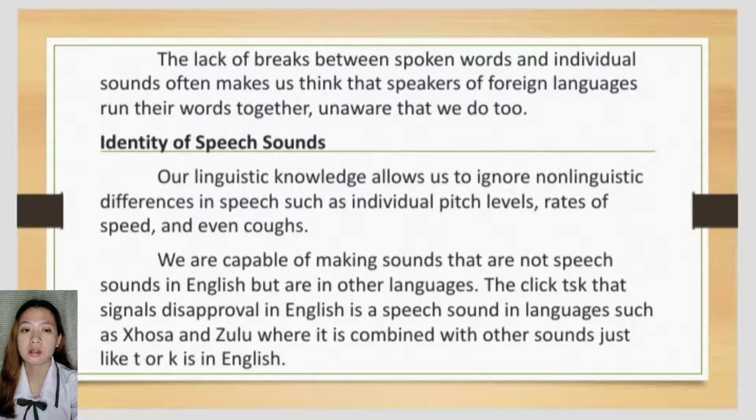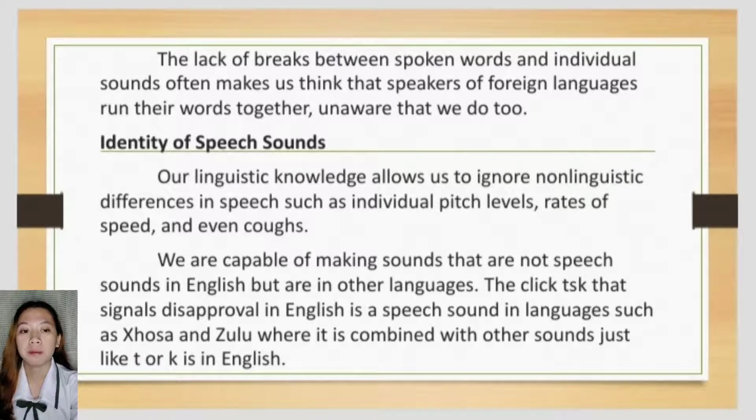Identity of speech sounds. Our linguistic knowledge allows us to ignore non-linguistic differences in speech, such as individual pitch levels, rate of speech, and even coughs. For example, if someone coughs in the middle of saying, How are you? A listener will ignore the cough and interpret this simply as, How are you?